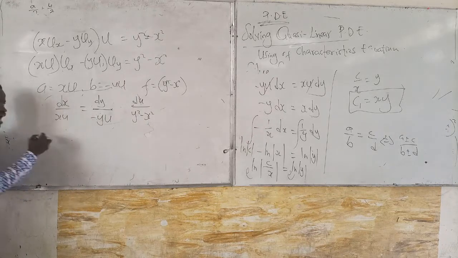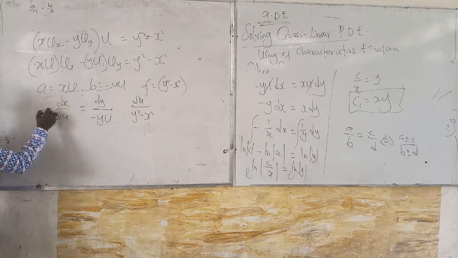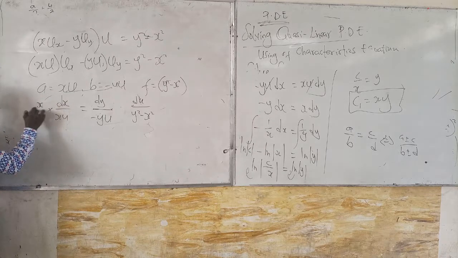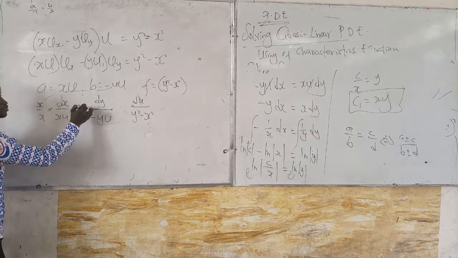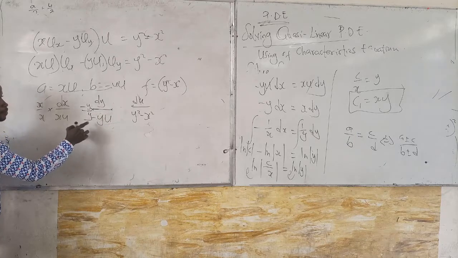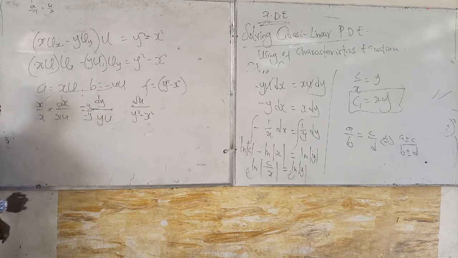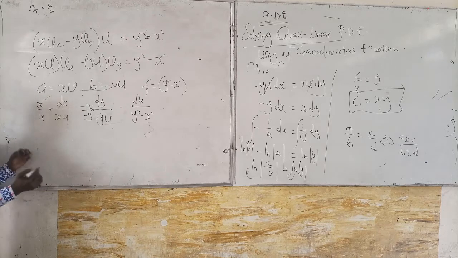Okay, so here, s over x times y over, don't forget negatives here. So let's go for it.